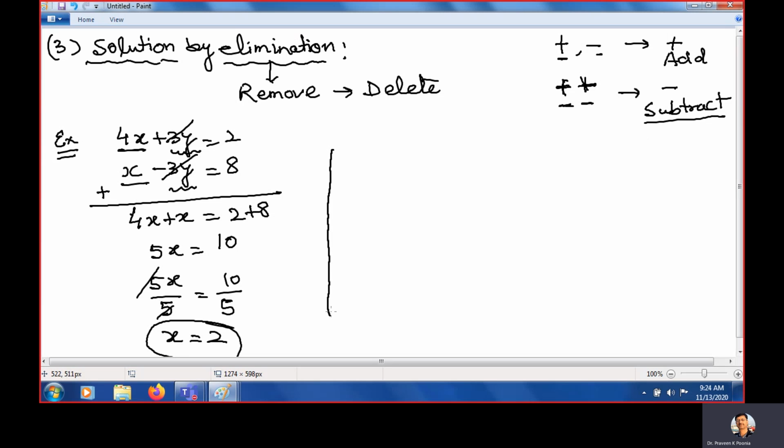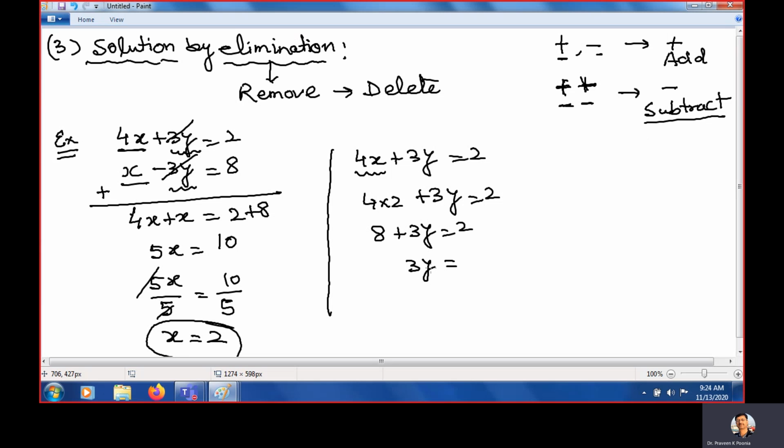Now simply put the value of x in any equation. Look, it is 4x plus 3y equals to 2. Put the value of x here. It is 4 into 2 plus 3y equals to 2. 4 into 2 is 8 plus 3y equals to 2. Now separate the variable and constant. 3y is equal to, shift this here, 2 minus 8.